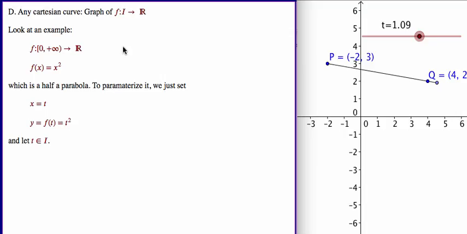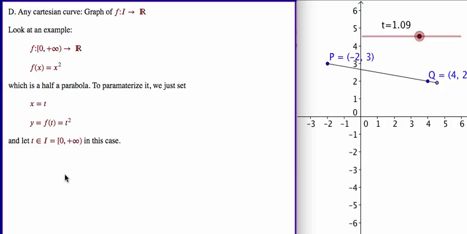So in this case, it would be everything from 0 to infinity. Not too complicated. It seems simple to parameterize a curve y equals f of x. Just put x equal to t and y equal to f of t. So I think you are owed a picture of this.